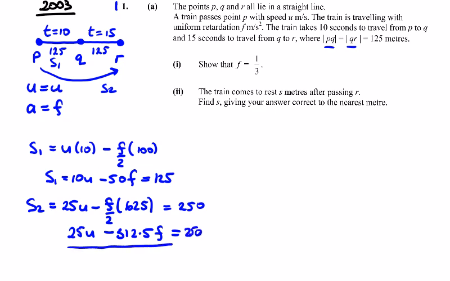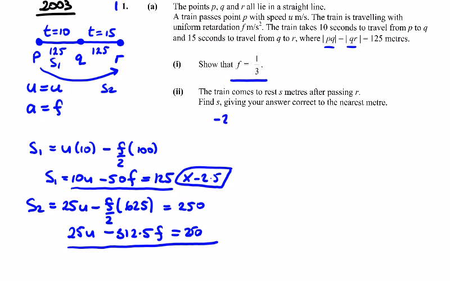Okay, so I have 25u, 312.5, and I have 10u, 50F, so I can probably multiply. We're trying to show F, so let me get rid of u. I'll multiply this one by minus 2.5 to get minus 25u.